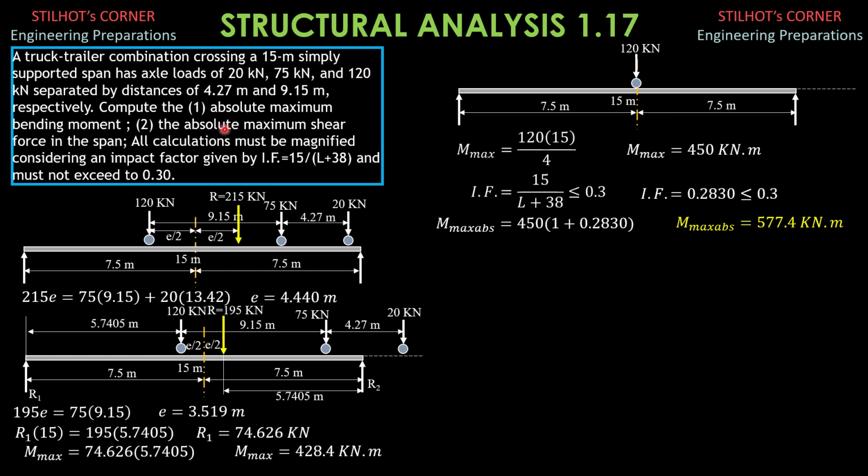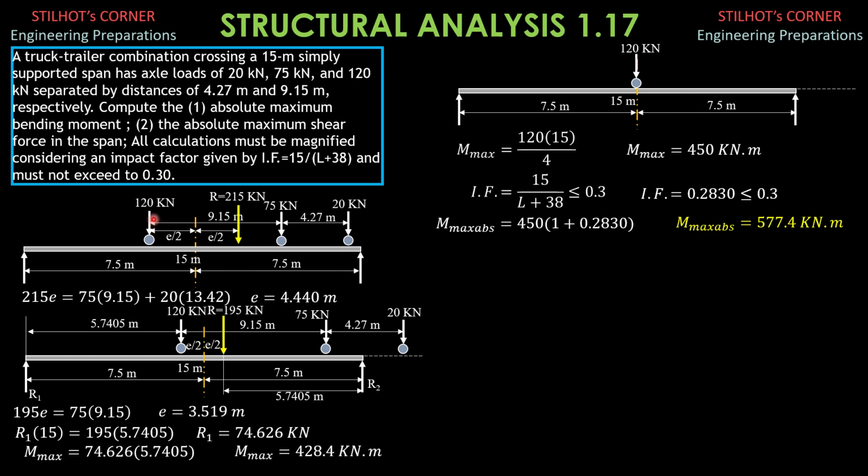For the second requirement, the absolute maximum shear force in the span, that will just be the reaction force at the left or at the right, depending on the movement of the loads. Since the resultant is closer to the heaviest load, when we computed E from this equation, all loads lie on the span this time for absolute maximum shear.